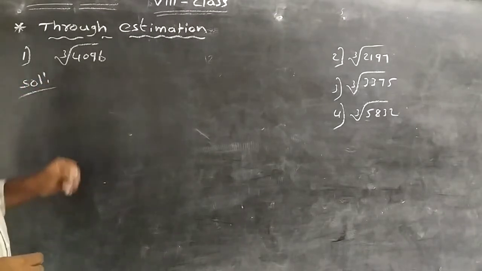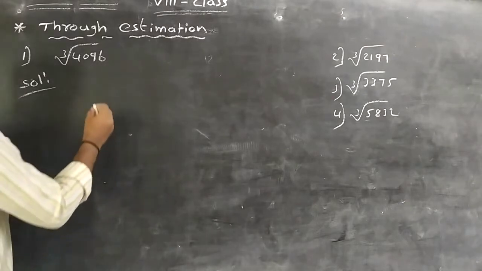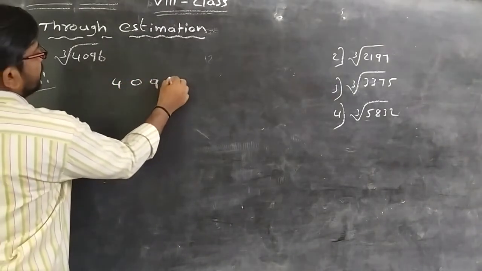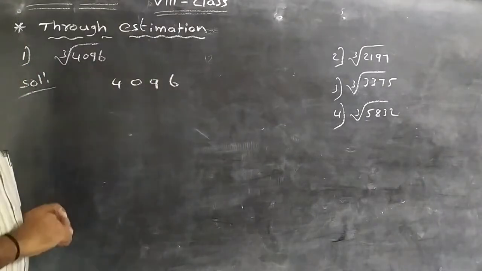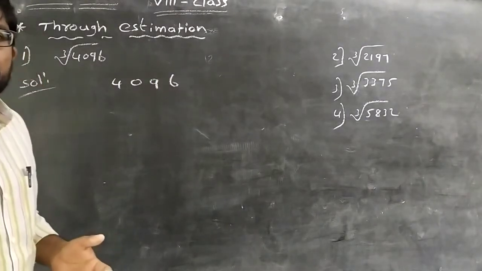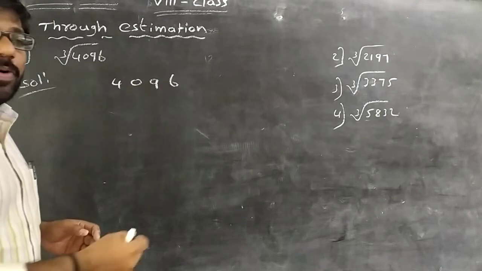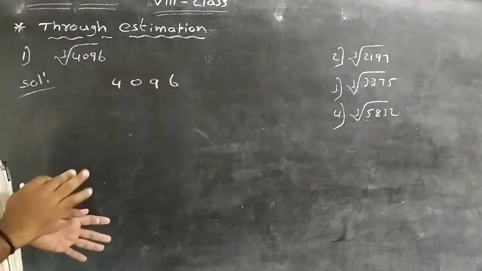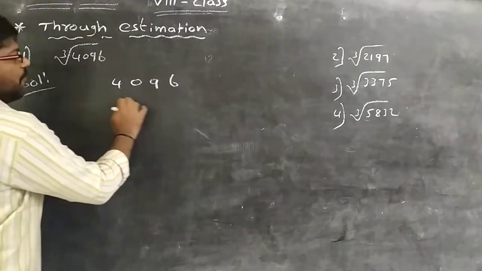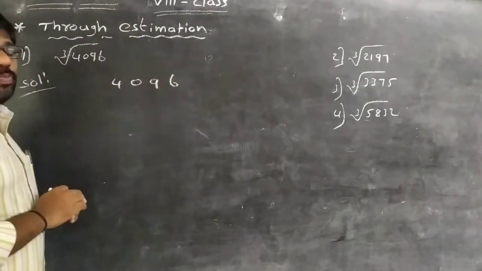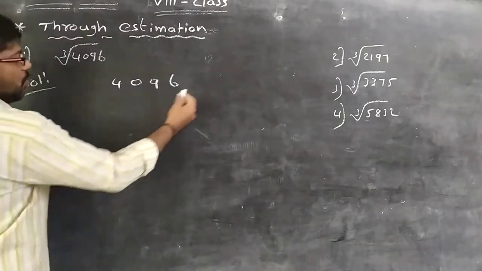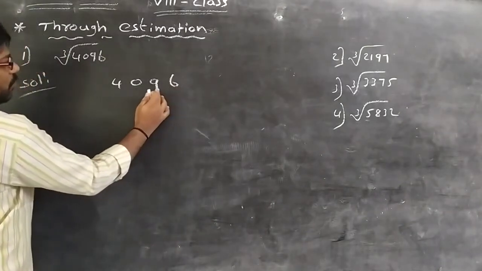First of all, write the given number like this: 4096. And next, we have to group the digits in groups of 3 from right to left. From the right, 3 numbers: 1, 2, 3.